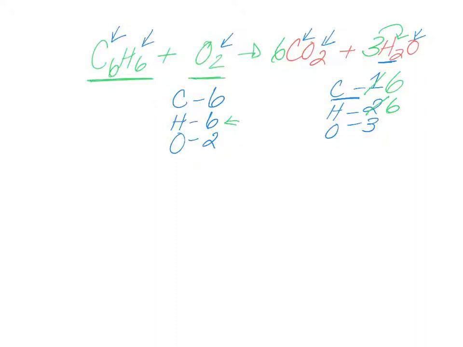Okay, now this has changed the amount of oxygens I have here because this is 6 times 2, that's 12 oxygens, plus 3 more oxygens in here. So altogether I have 15 oxygens. Now if I look over here, is there any whole number that when I multiply it by 2 will give me 15 oxygens?